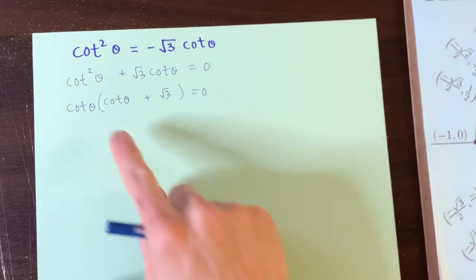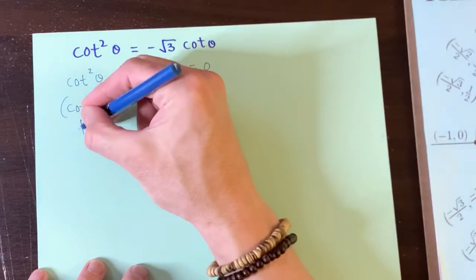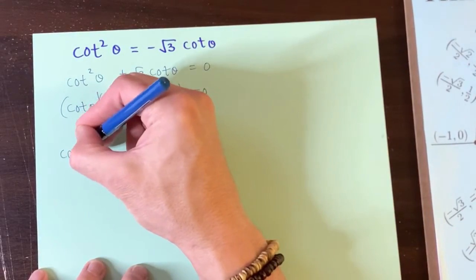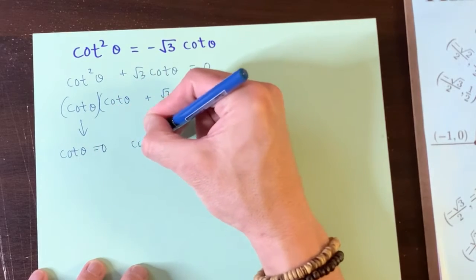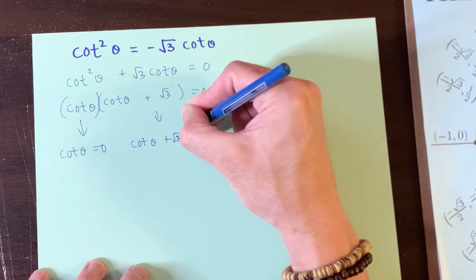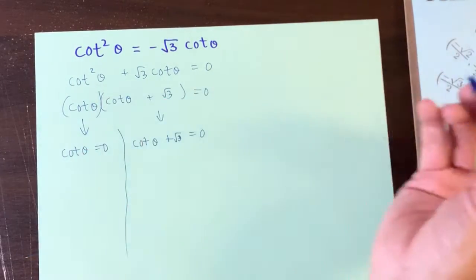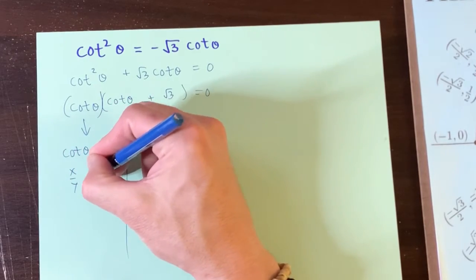So now that we've reached this point, you can set each piece equal to 0. Set this and this equal to 0. Okay, and then let's see. So we have two smaller equations. This one here, cotangent, if you look at your cheat sheet, cotangent is x over y.